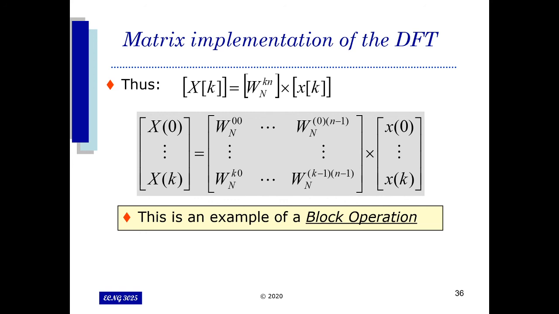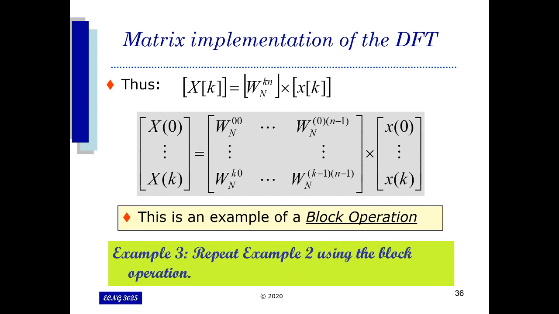So block operations form the basis of parallel processing. Once you can figure out how to represent any of these equations as a matrix, you can take advantage of this to do parallel processing for DSP. One thing you can try is to repeat example 2 here using the block operation and see how much faster it is to calculate.